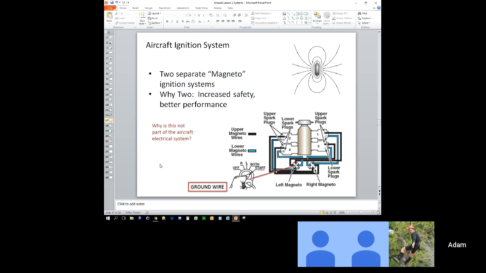Because if one's not working, once you turn it to that inoperative magneto, your engine's going to stop. And you don't want to fly with one magneto just because of the redundancy safety aspect.